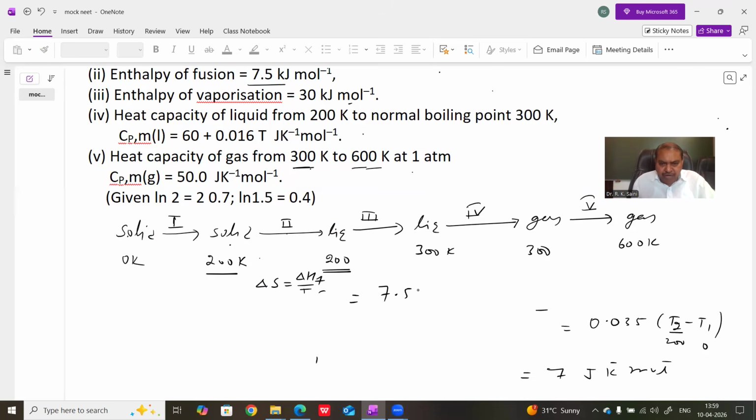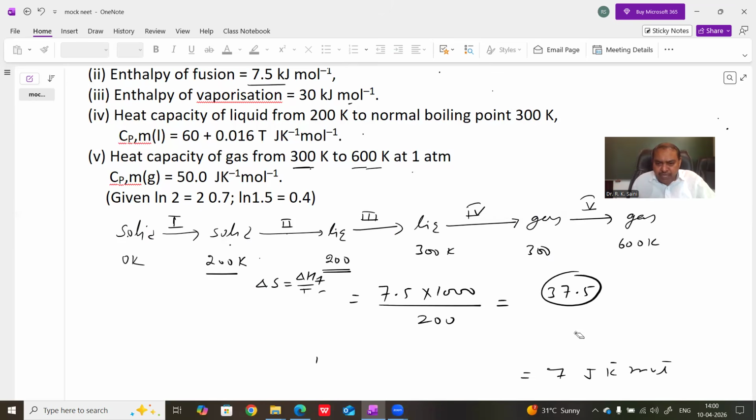Therefore, 7.5 into 1000 divided by the fusion temperature of 200 Kelvin, and hence the entropy change of this process is 37.5 joule per Kelvin per mole. This is the entropy change in step second.